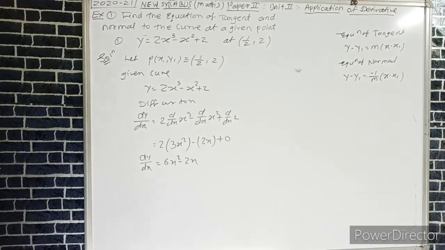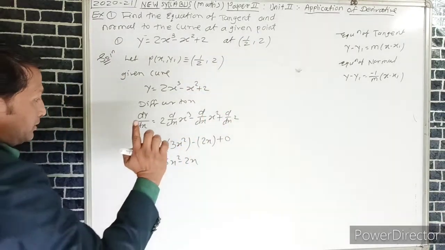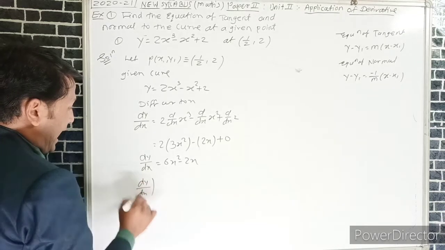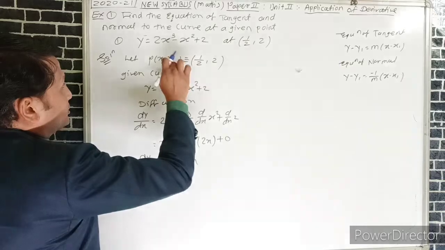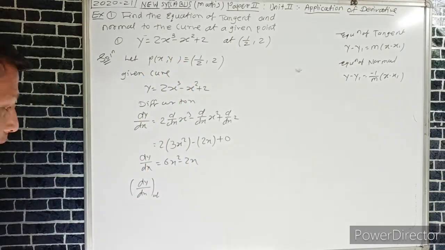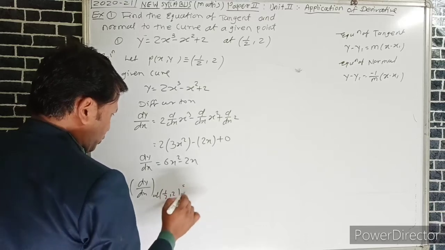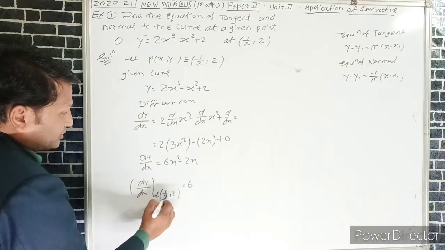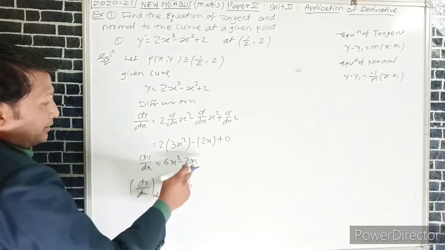If we substitute the value of x1, y1, we can write dy upon dx at 1 by 2, 2. We write 6 into the value of x, which we replace with 1 by 2, and the value of y, which we replace with 2.